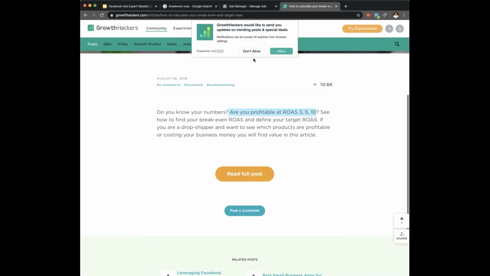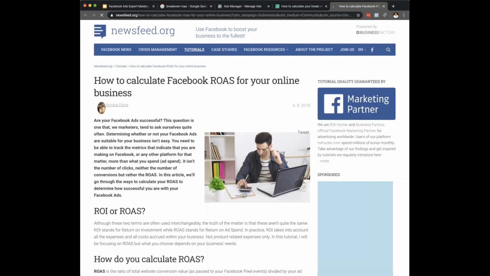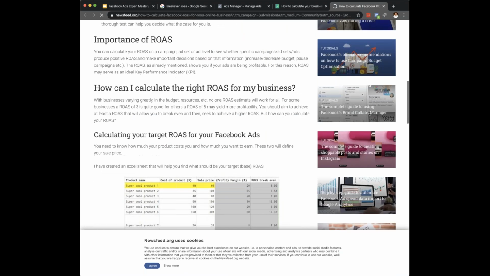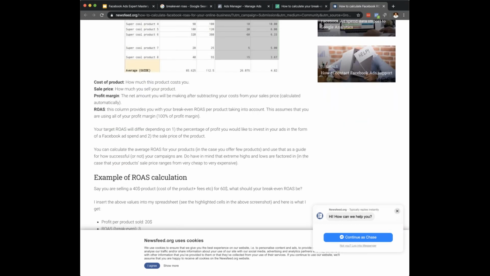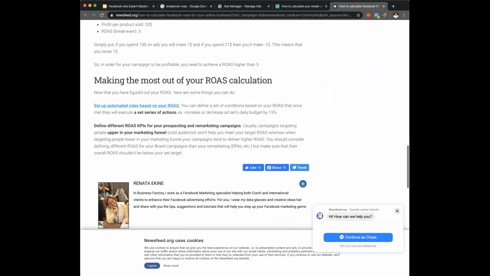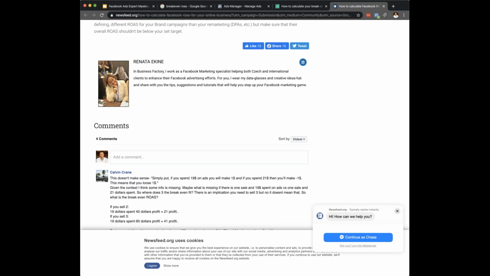Are you profitable at 3, 5, or 10? So this one's explaining it: cost of product, sell price, profit margin, ROAS, break even. And just make sure it's extremely accurate and don't inflate or deflate numbers. So that's a good one.